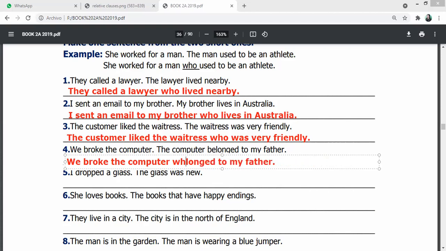So in this case, we're going to say which belonged, so that it is not so repetitive, although we can use whose, okay? Whose belongs to my father, but we can use also which, okay? La cual o el cual pertenece a. But if we say whose, how would I say it? Cuya pertenece a mi papá.